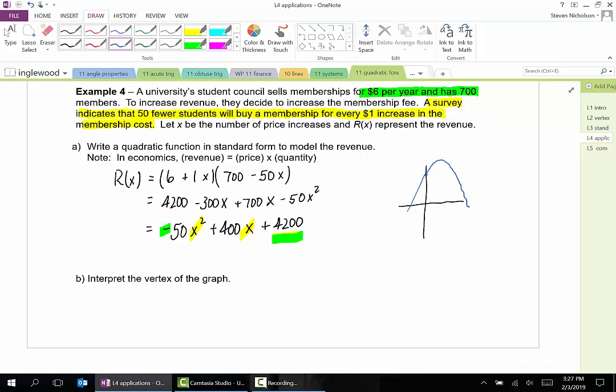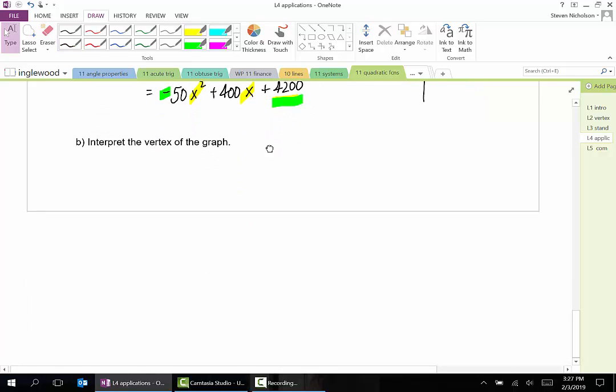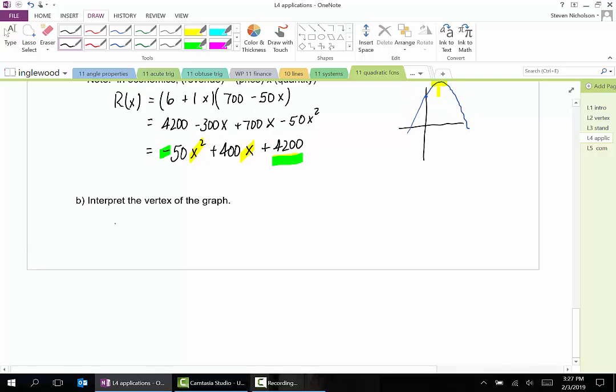But we don't even have to do that, because as we've just recognized, the vertex is going to indicate the best possible solution to this question. And we have a nice little formula to figure out the vertex. The x-coordinate, the axis of symmetry, is equal to negative b over 2a, which is equal to negative 400 over 2 times negative 50, which is 4.